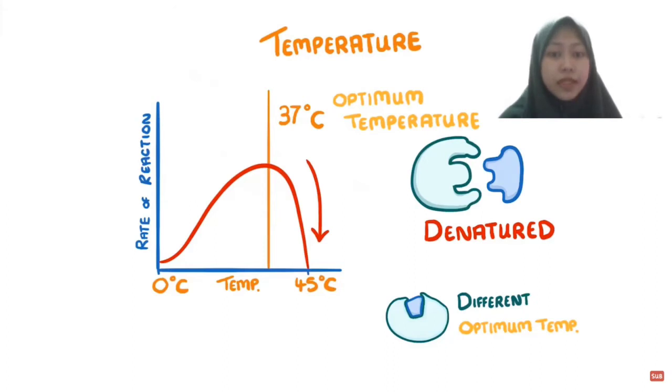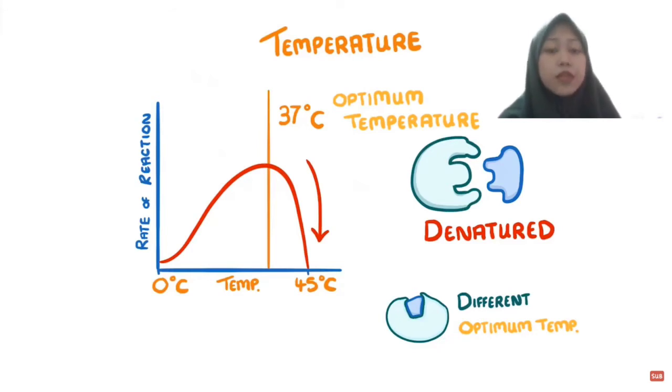Now we will consider how temperature and pH affect the enzyme. Let's start with temperature. This is a graph that shows how the rate of an enzyme-controlled reaction changes with temperature. We can see that as temperature increases, the rate increases too. But after 37 degrees, the rate starts to drop rapidly.